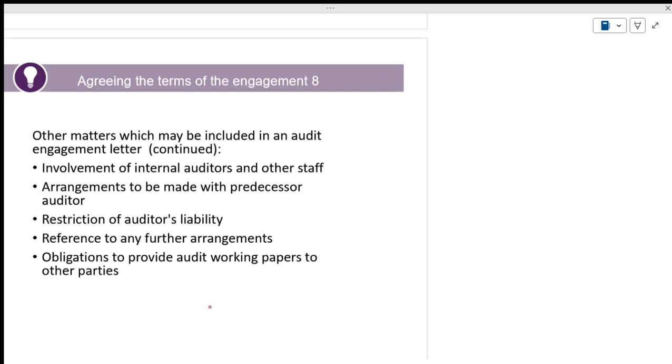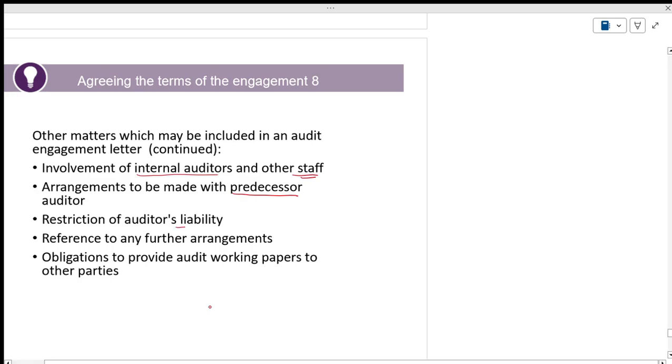Other matters, now you can count. Other matters included in the audit engagement are involvement of internal auditors and other staff wherever needed. Arrangement to be made with the previous auditor if any doubts or clarifications are there. If there are other auditors, you have to communicate with the previous auditor.